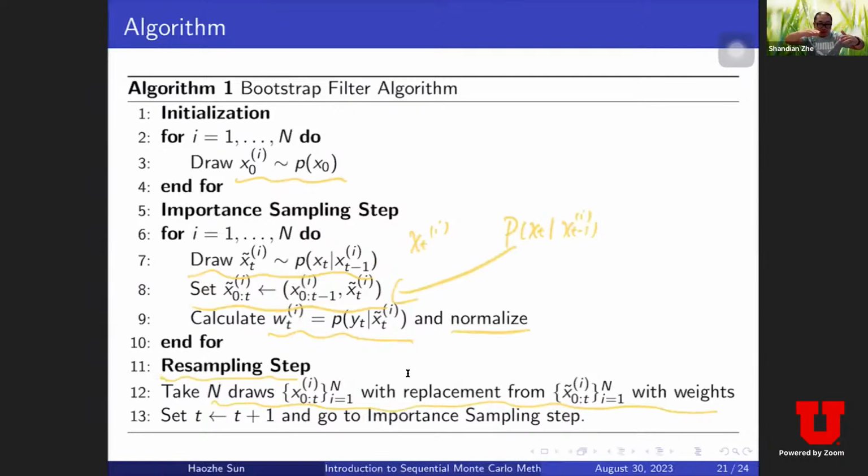Even if two particles have the same value at the current state, we'll move to the next stage, t plus 1, because you're going to draw a new state to append to that. So in general, the trajectory can still bifurcate to generate new trajectories.